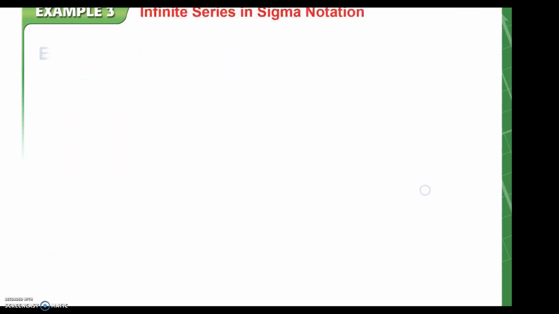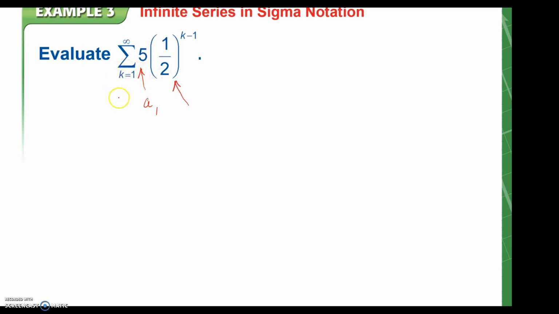So when we put this into summation, like we did, it's going to look like this. And this is where it's really important that you understand the equation, like we talked about yesterday, because there's not an infinity button on your calculator. So remember, this is our A1, or what I get when I plug in that 1, and that's my R. So we see that my R is 1/2, which is less than 1, so this sum exists, and it would be A1 over 1 minus 1/2.